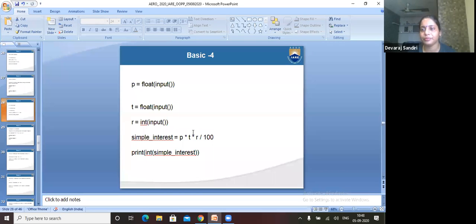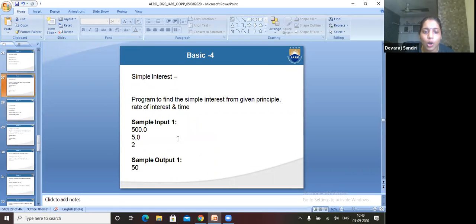P is equal to float of input. T is equal to float of input, R is equal to int of input, because two are float, one is integer. What is the simple interest formula? PTR by 100.